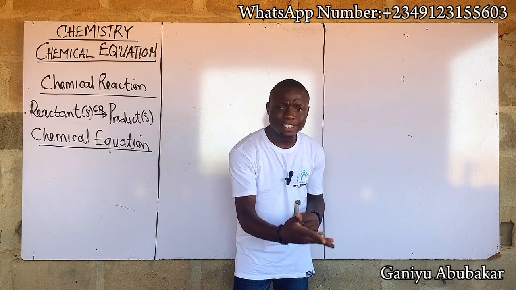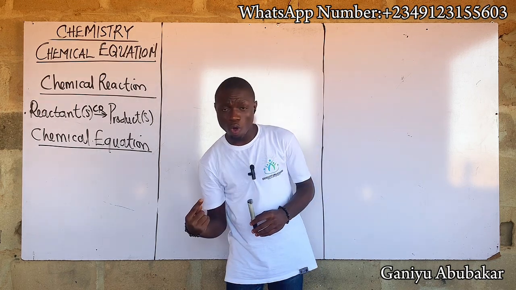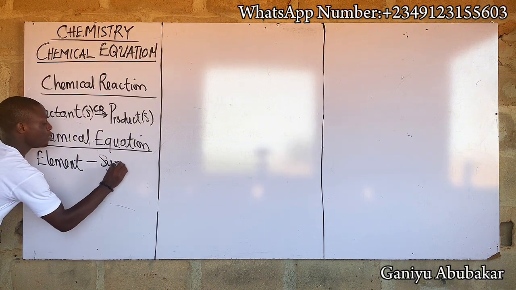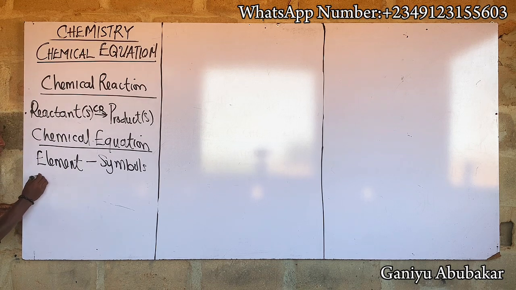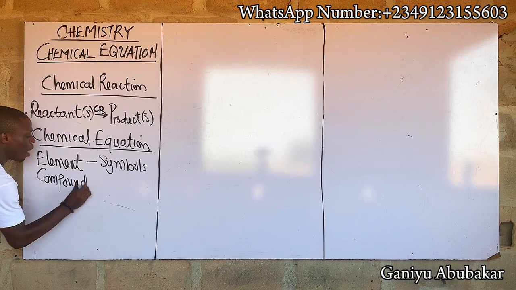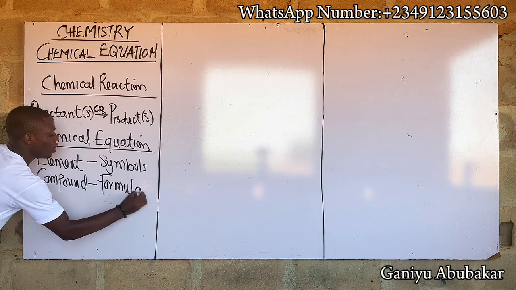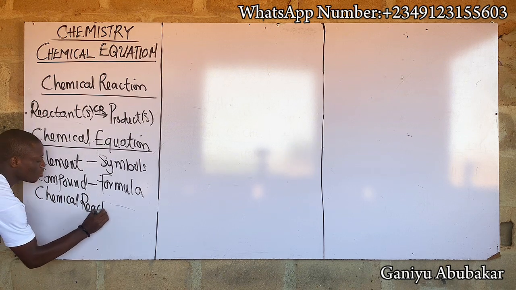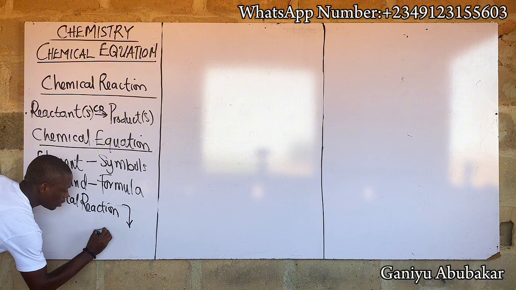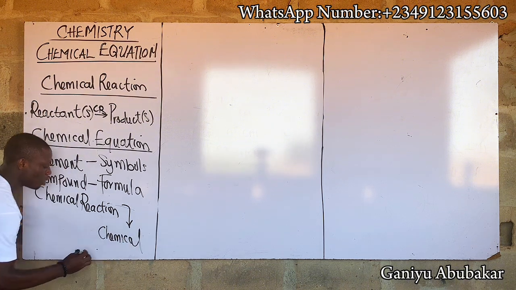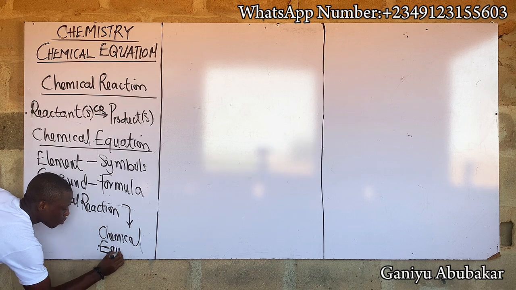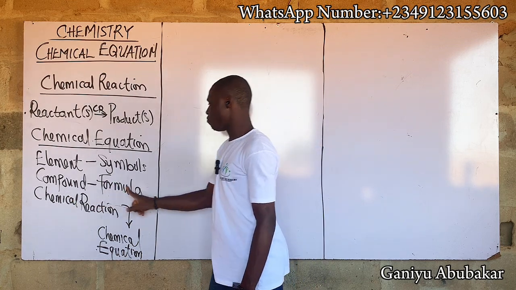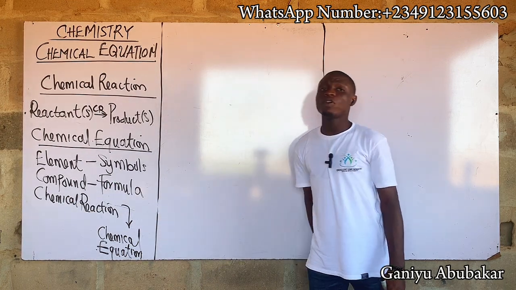So at this level, note that we represent elements using symbols, we represent compounds using formulas, and we represent chemical reactions using chemical equations.